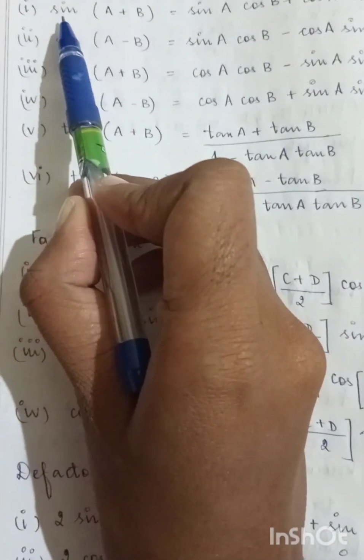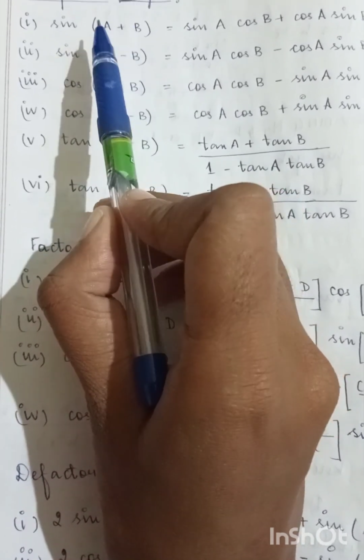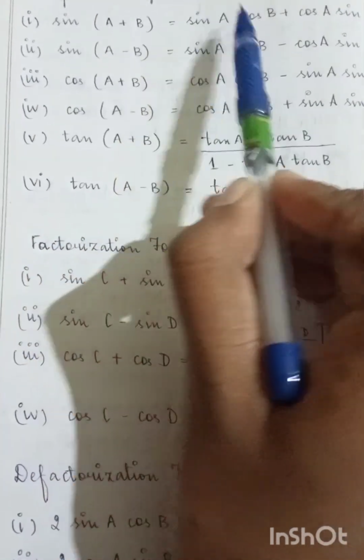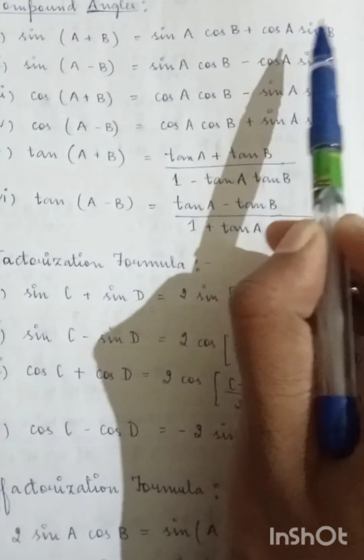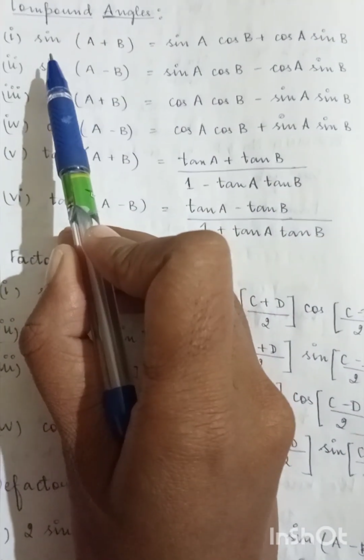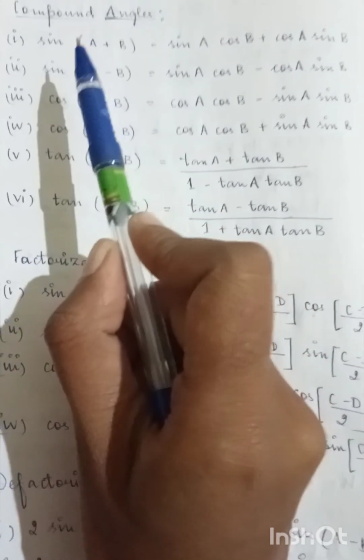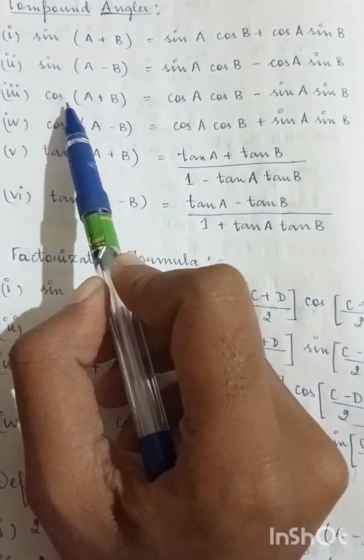First formula is sine of a plus b. If we are considering two different variables a and b, then sine of a plus b is equal to sine a cos b plus cos a sine b. Let us assume that sine is positive. It is ready to give everything. So if we consider sine to be positive, its opposite is cos.